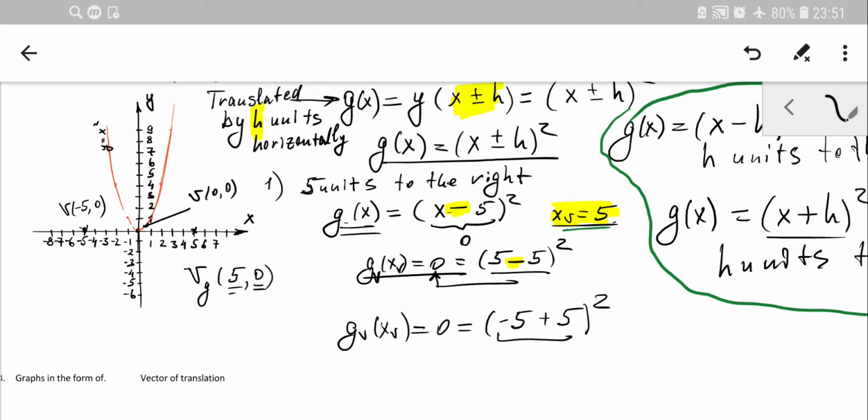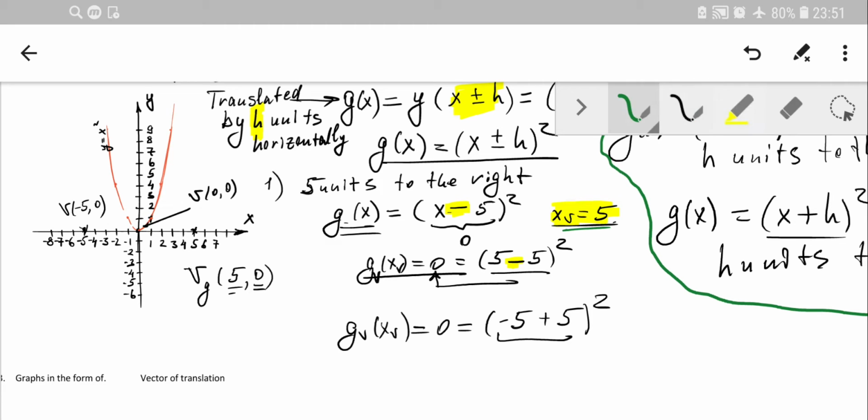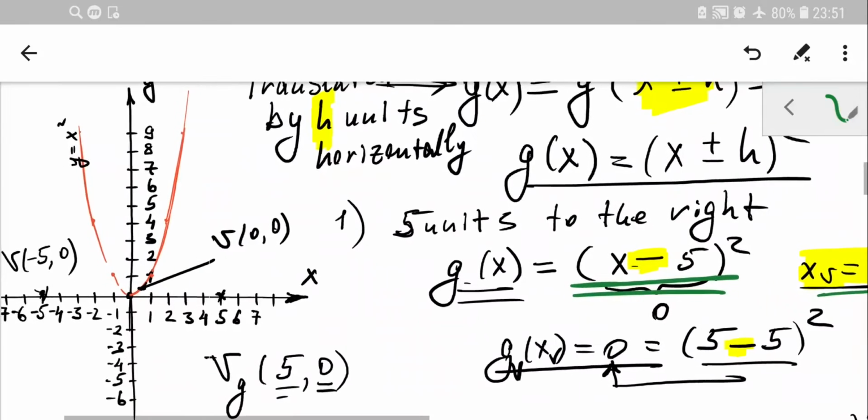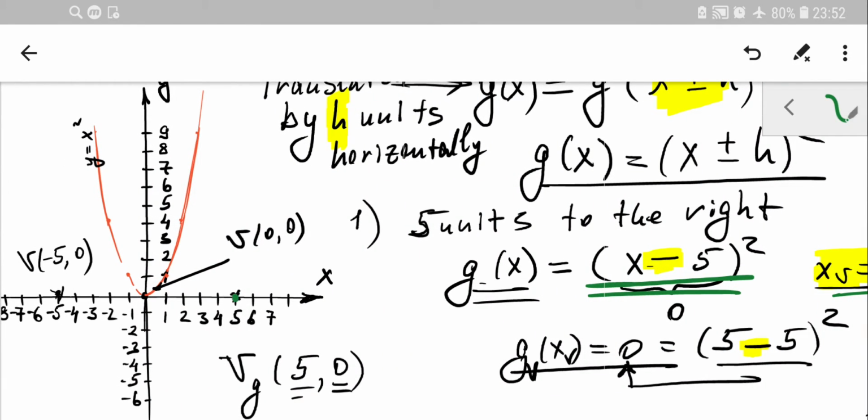I'm not going to draw the graph in detail, so maybe I'll sketch it fast. Let's say we need to sketch the graph of x minus 5 squared. I'm not going to create the table, I just create the sketch and that's it. I stick to the same pattern: from the vertex, 2 units again and 4 units up for the next point, somewhere here, and I simply connect them.